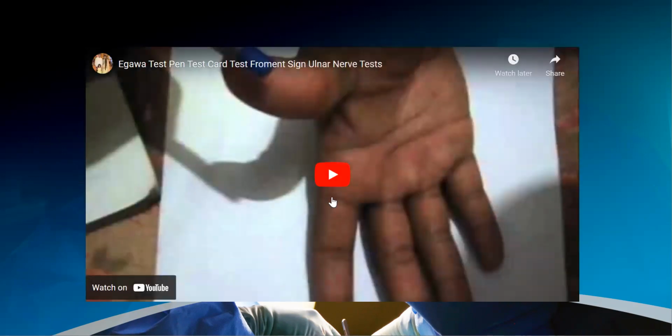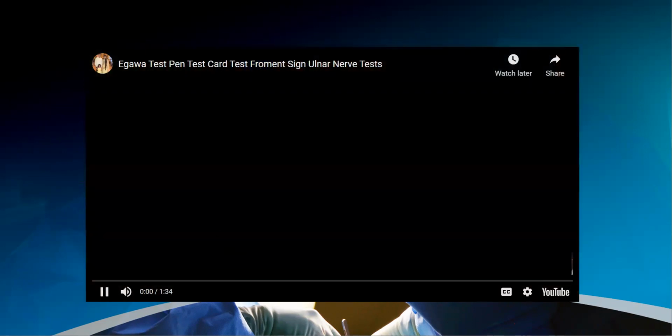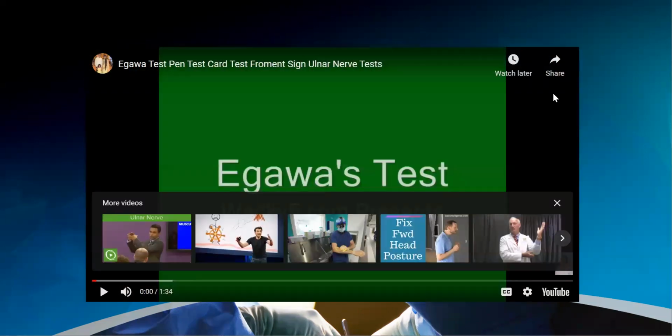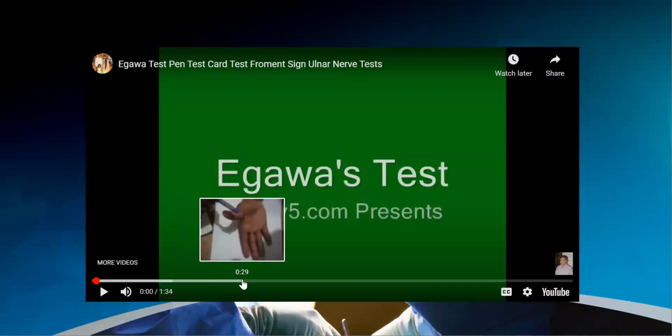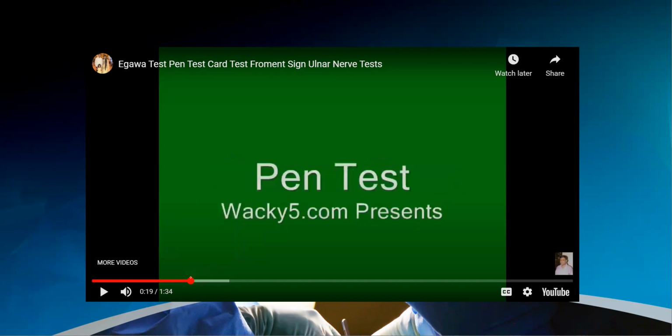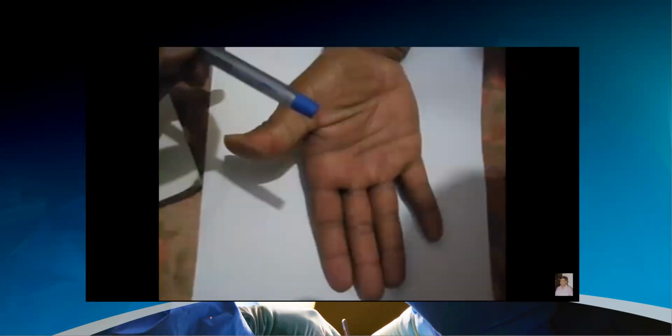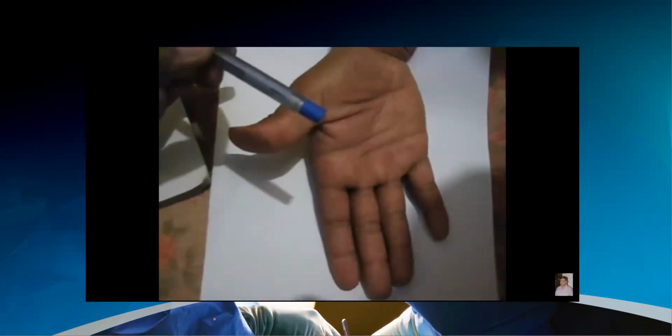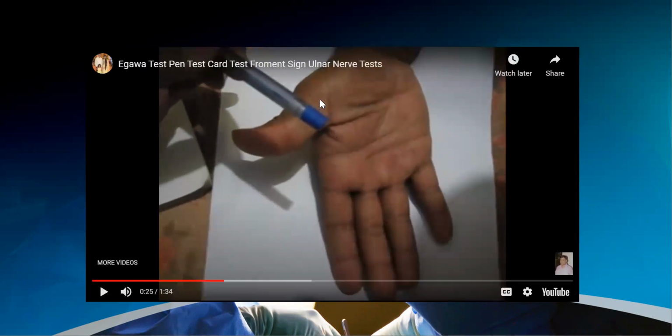Let me show you how to do this pen test so that you can explain it to the medical student. This is the pen test, which we use to see the abductor pollicis brevis function. The median nerve gives abductor pollicis brevis, and that helps with the abduction of the thumb.